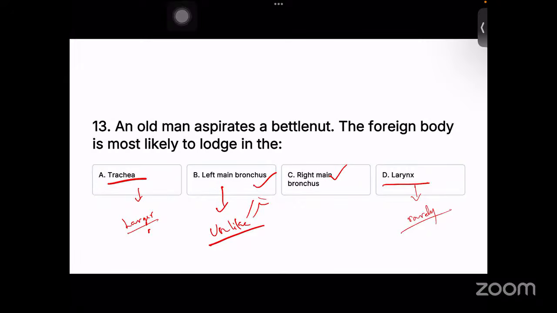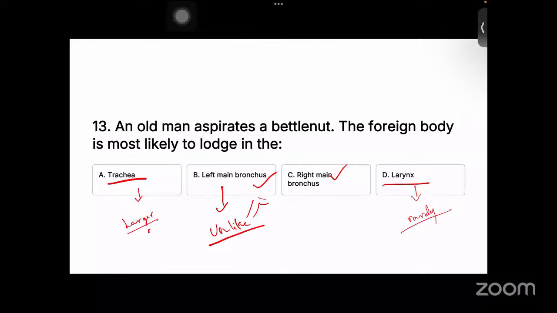If not removed, the patient will develop atelectasis, bronchiectasis, pneumonia, and potentially life-threatening complications. But mostly we remove it through bronchoscopy in the emergency. So the right answer here is the right main bronchus.